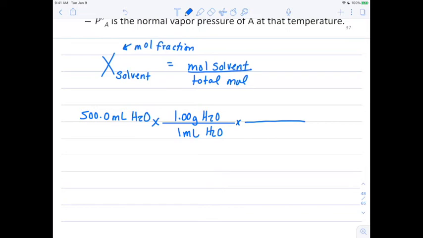And if we were to add up our molar mass, we'd see that there's 18.02 grams of water for every 1 mole of water, like so.